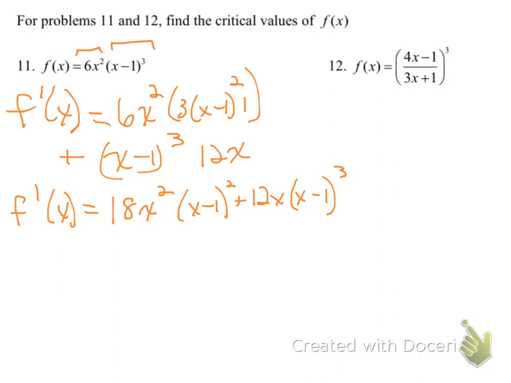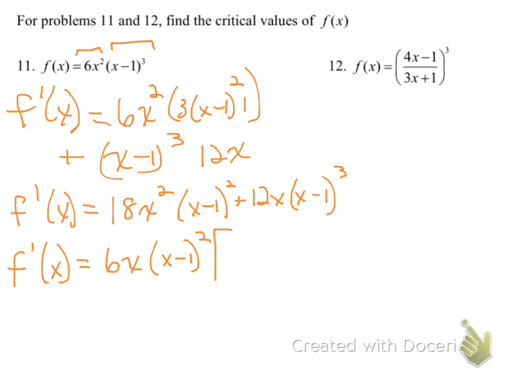Alright, so what I want to do is get this in factored form because that's going to help me to take the critical value. Looking at this, I believe I have probably a 6x in common, and I also have an x minus 1 squared in common.